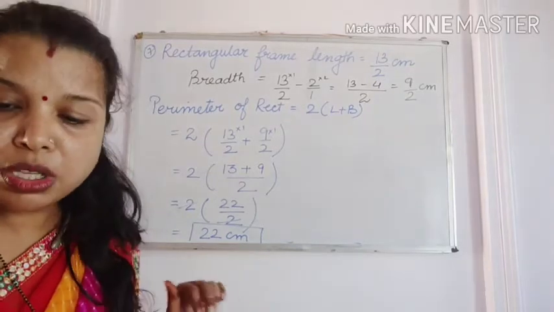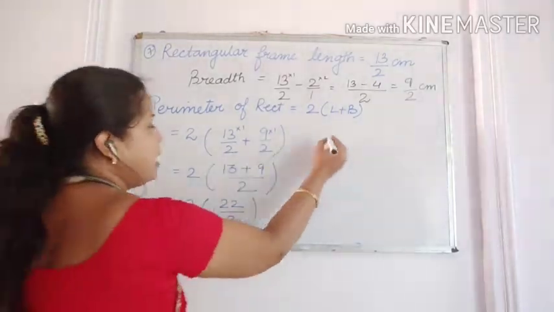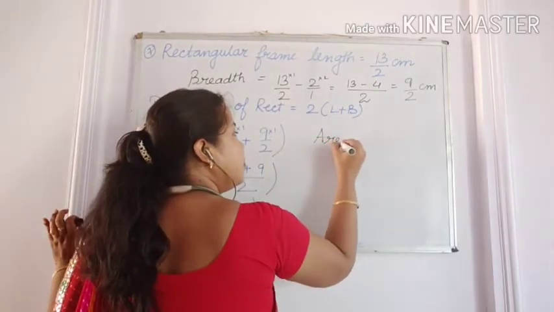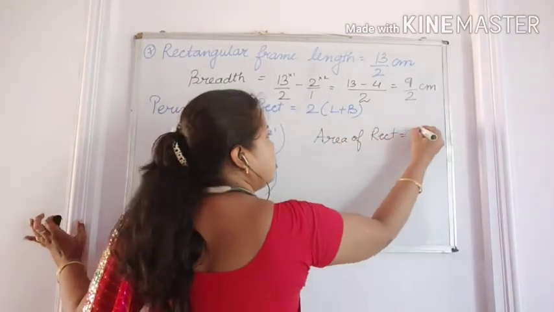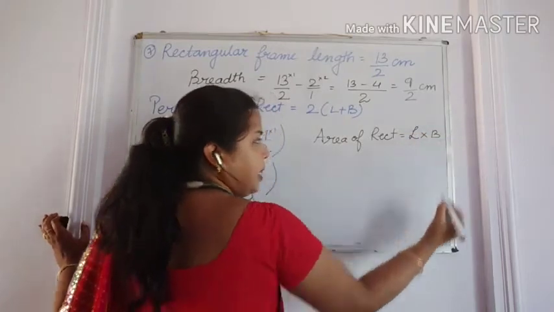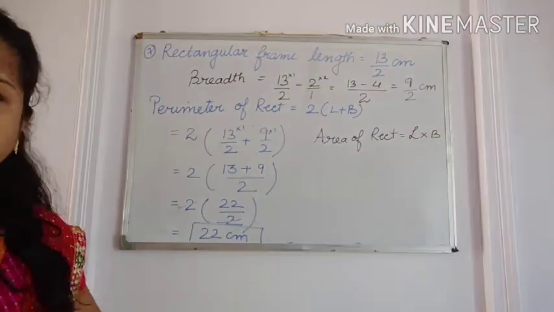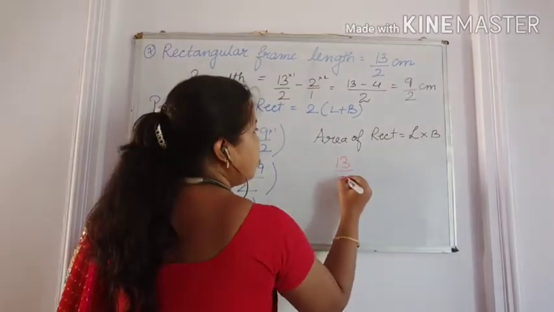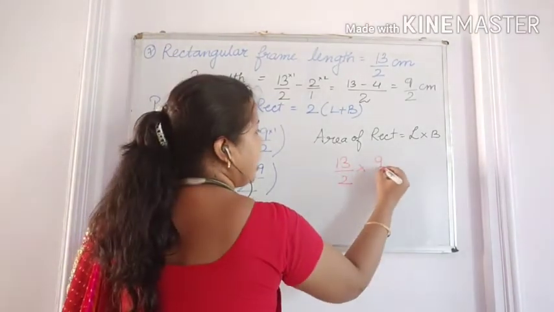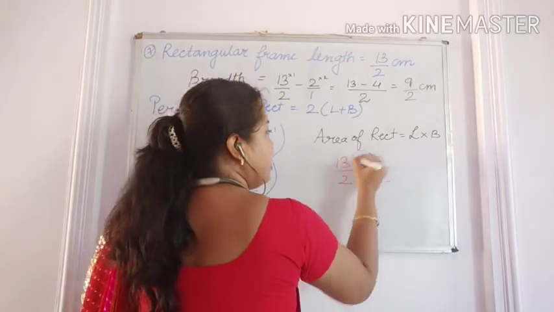Here area is also asking, so I am doing parallelly here. Area of rectangle equals to L multiplied by B. Very easy. It will come in a very short way. So I am trying to solve here only. 13 upon 2 multiplied by 9 upon 2. Simple multiply.